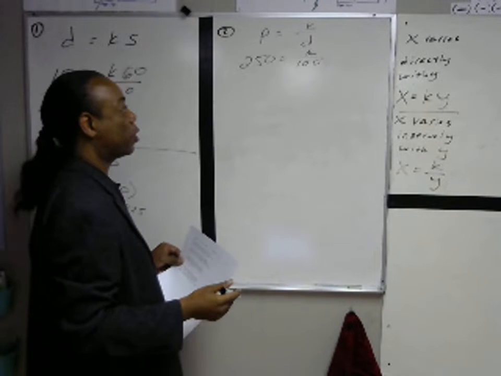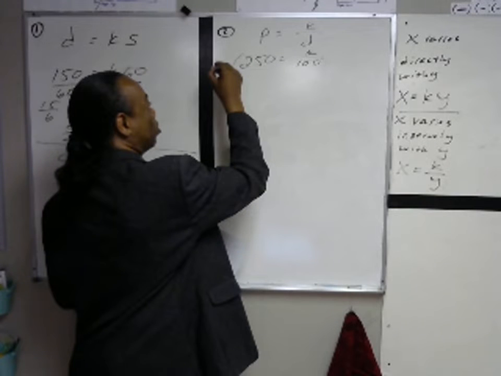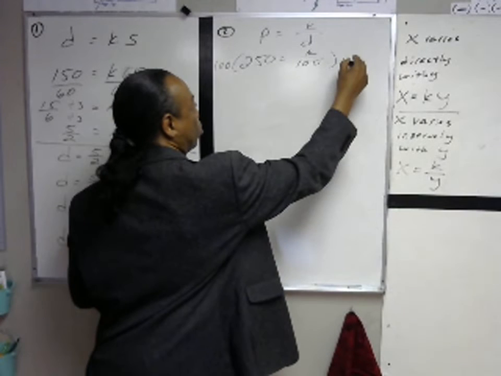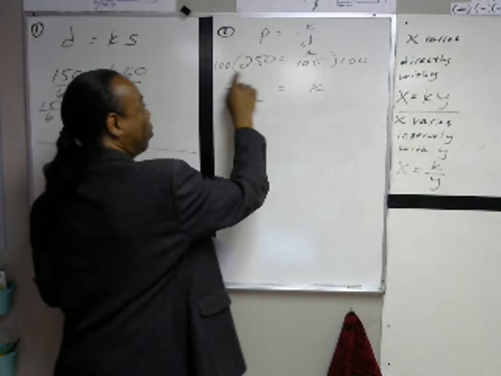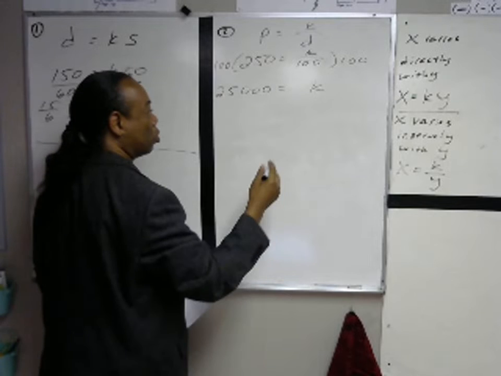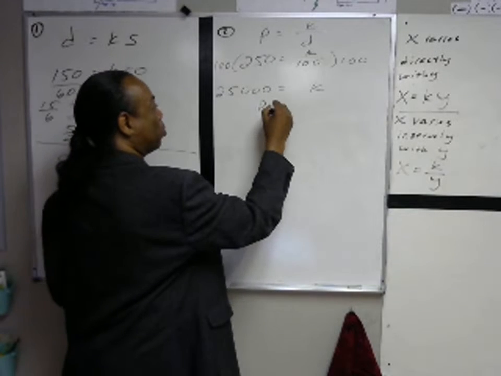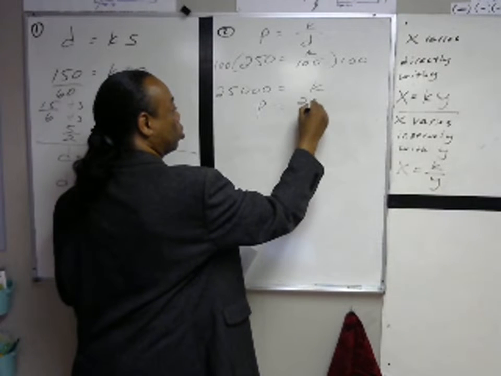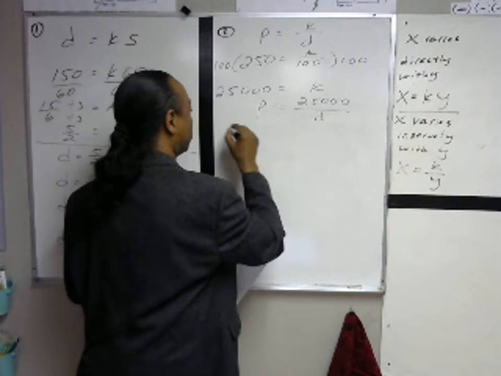So if we solve for K, I multiply both sides by 100. The 100 is canceled here, we get K. And when I multiply this, we get 2, 5, and 3 zeros. So 25,000. So P equals 25,000 over demand.